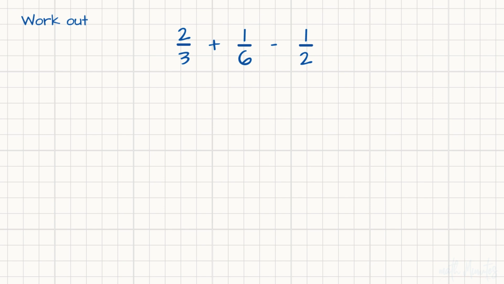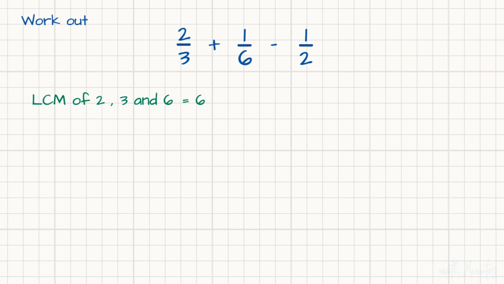First, we find a common denominator. We can simply multiply the denominators of all 3 fractions together, but this would mean dealing with large numbers and making things more complicated for ourselves. Instead, as before, it's better to find the lowest common multiple of the denominators 2, 3 and 6, which we find to be 6.